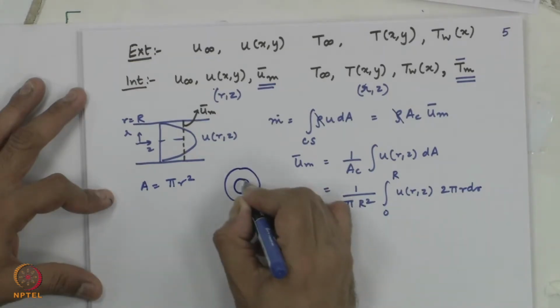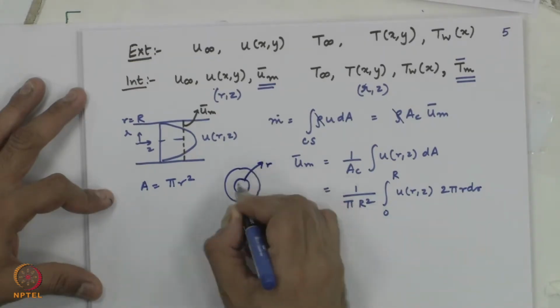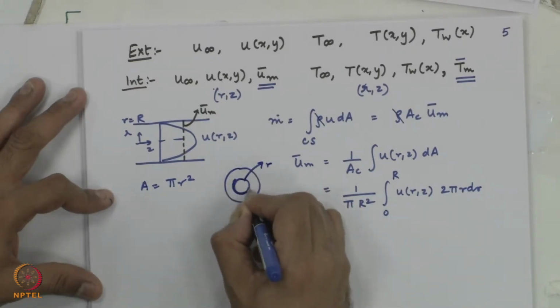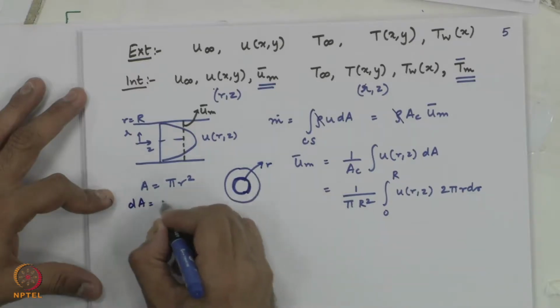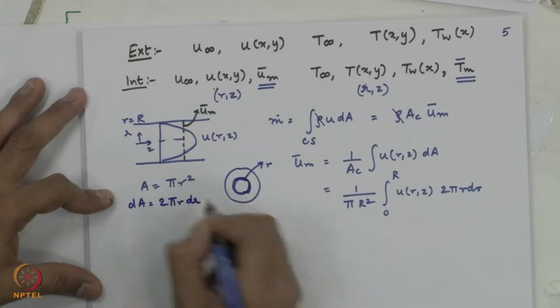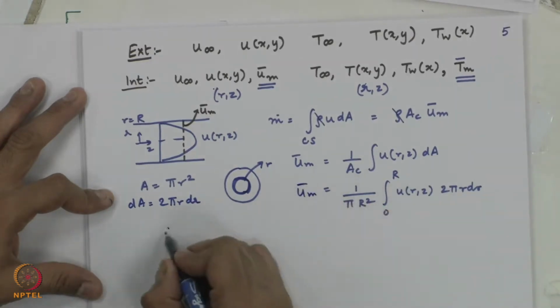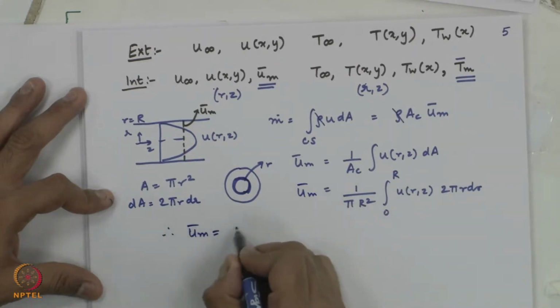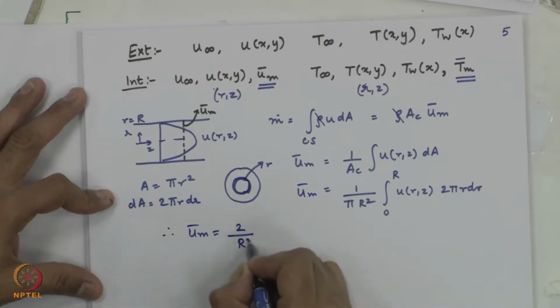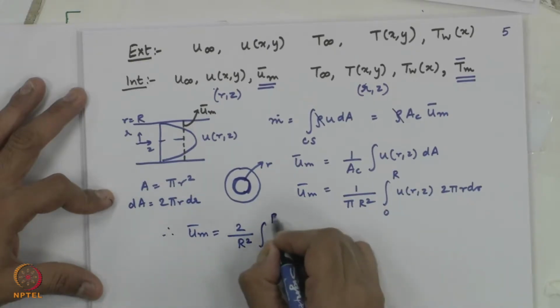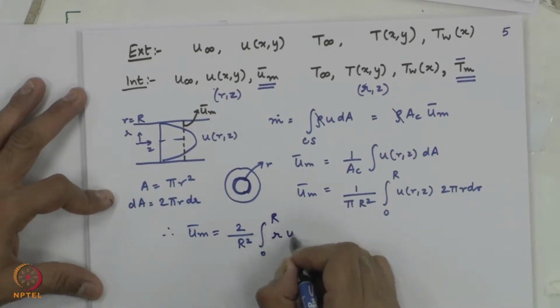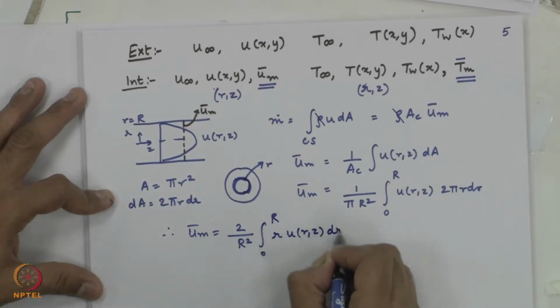This is a ring at radius r of thickness delta r. So, dA is nothing but 2 pi r dr. So, this is what we substitute here, and u bulk mean therefore is nothing but 2 by R square, the pi's will cancel off, integral 0 to R of u of r comma z r dr.